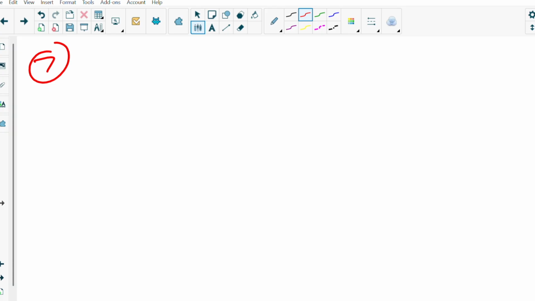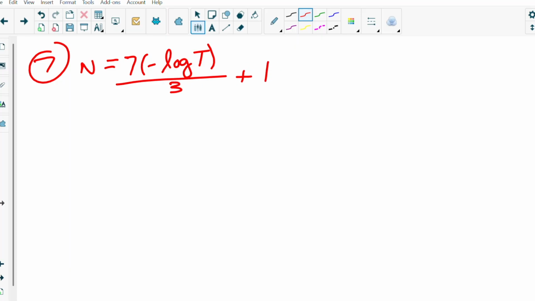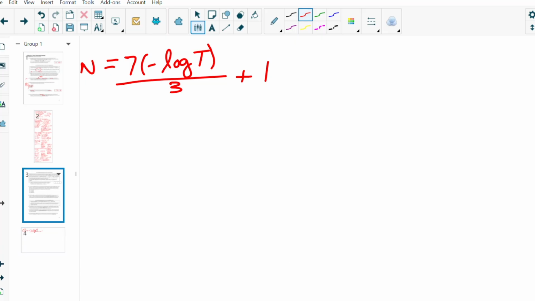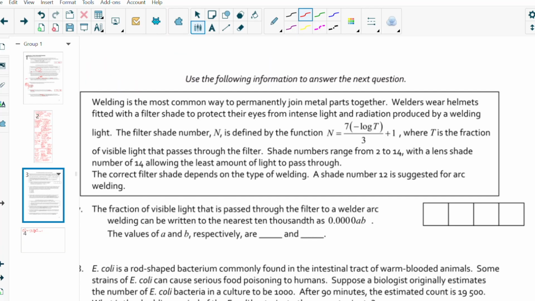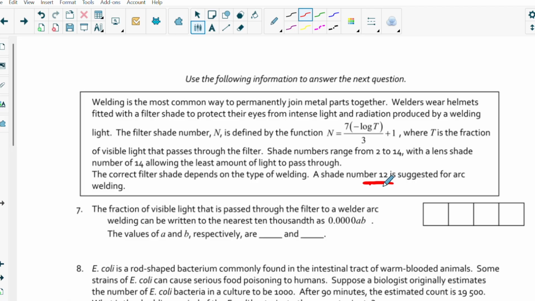We have N equals 7 times negative the log of T divided by 3 plus 1. So we said a filter shade. What is that? I think it's called a filter shade. Yeah, the filter shade number, number 12 for arc welding. So we are arc welding.